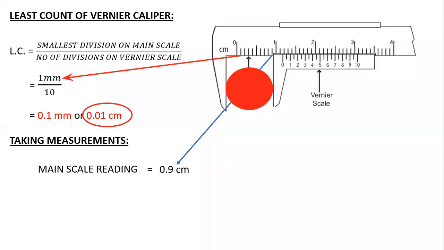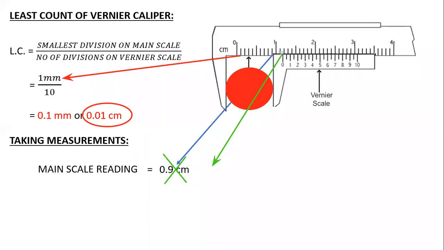The actual reading is at this point, which means the value 0.9 is incorrect. You never look at where the jaw is coinciding. The main scale reading is always where the zero of the vernier scale is coinciding with the main scale.